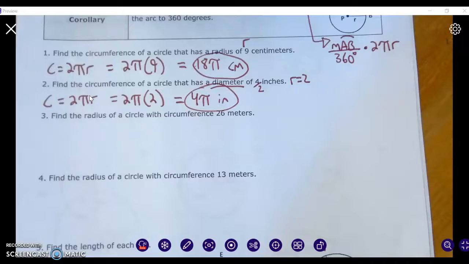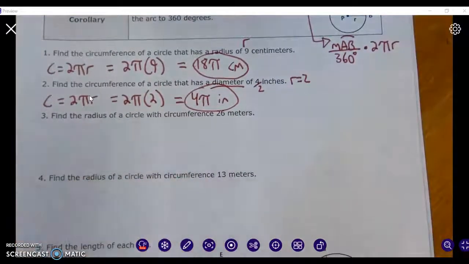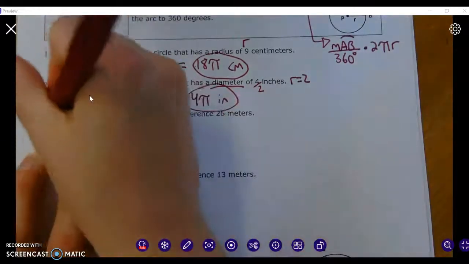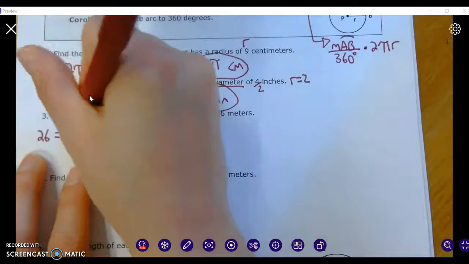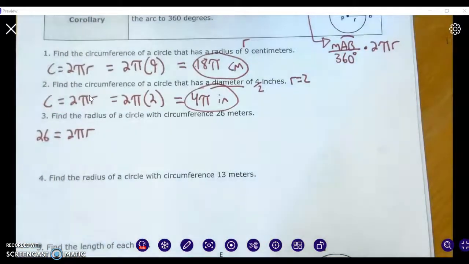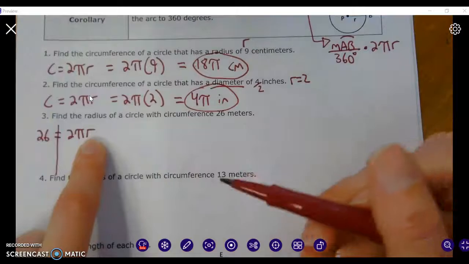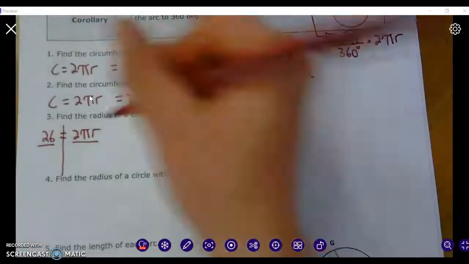Okay, the next two questions, we are given the circumference of the circle, but we do not have the radius. So we're going to be working backwards. So our circumference is 26 meters, and that is equal to 2 pi r. So we're going to be solving for r. To get r by itself, we're going to divide both sides by 2 pi.